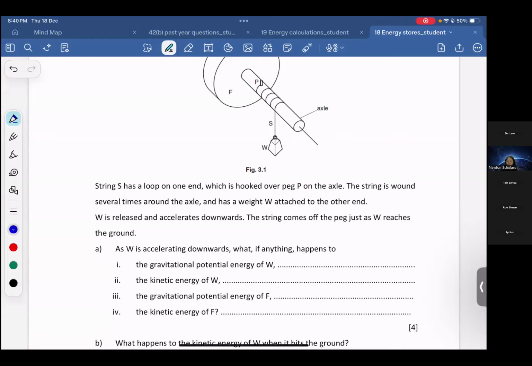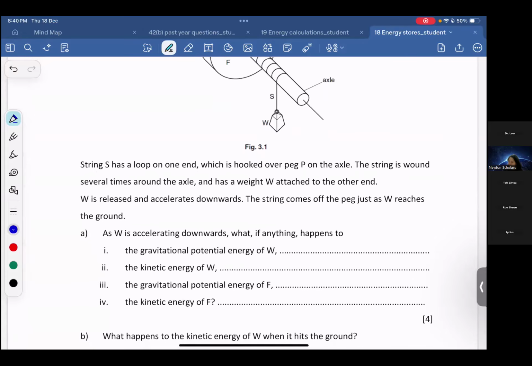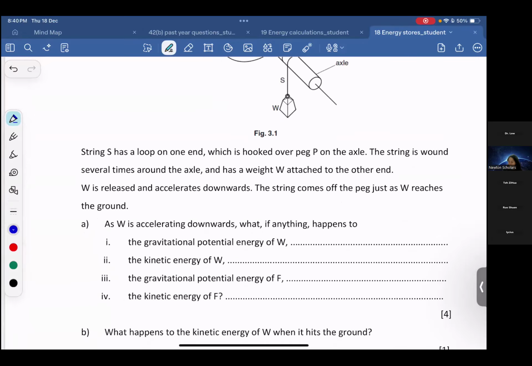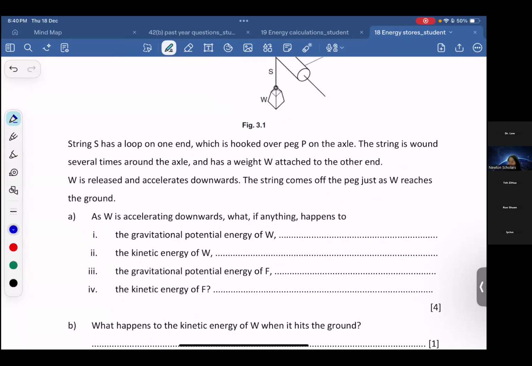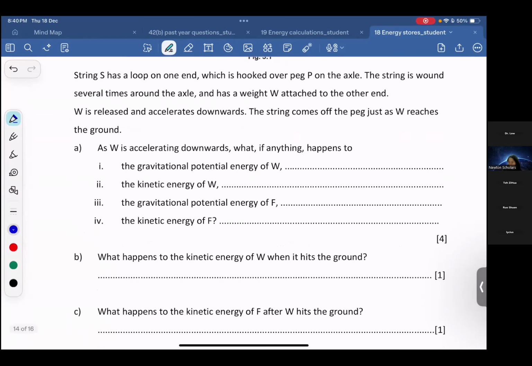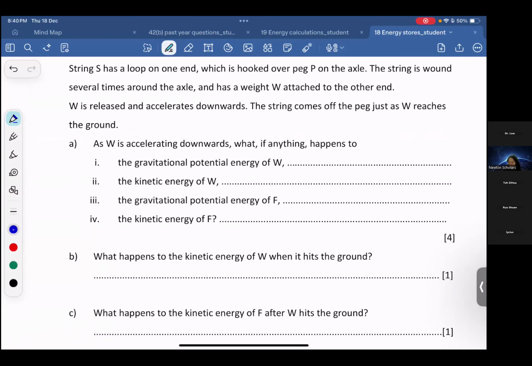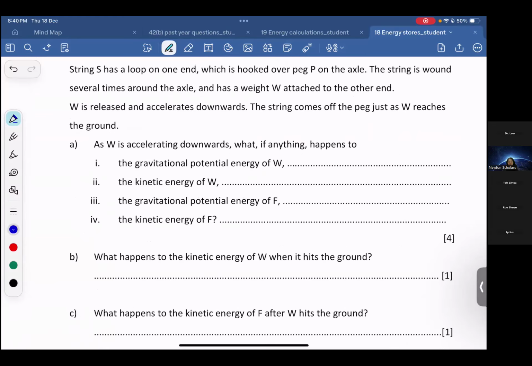Zihua, for part A, 4 questions, you scored 3. One of the answers is wrong. How about the others? Megan, try and tell me your answer. If you don't tell me your answer, I don't know whether we are too fast or you haven't digested the question.